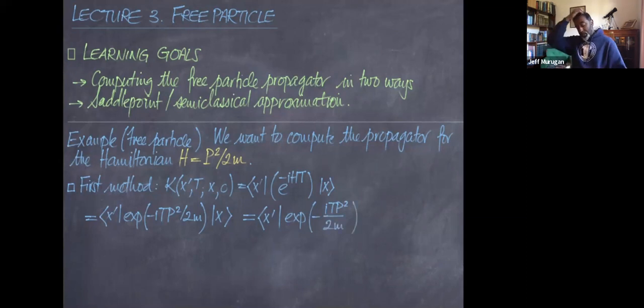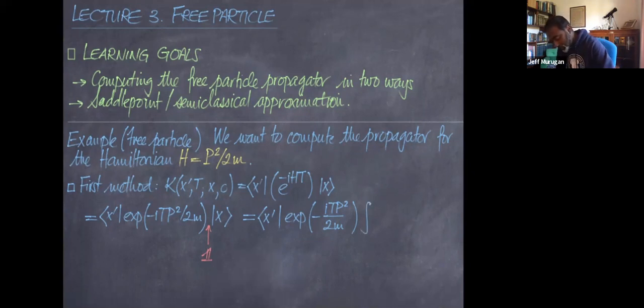Now, the momentum operator acts on momentum eigenstates, and so we should insert some momentum eigenstates into this by resolving the identity. So we insert the identity operator, and then we'll resolve the identity operator by expanding in a basis of momentum eigenstates.